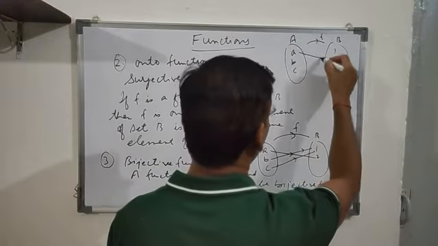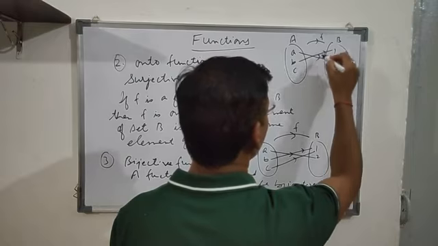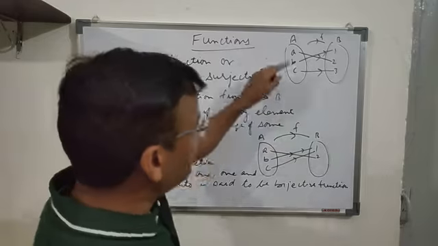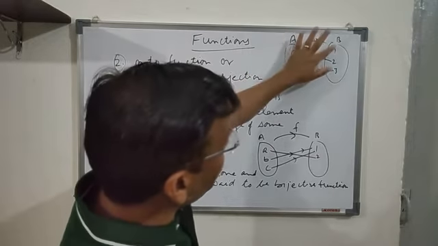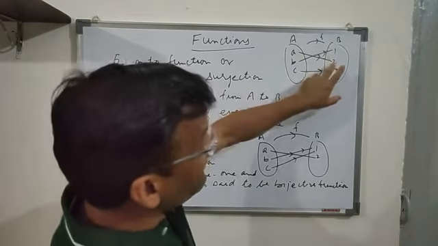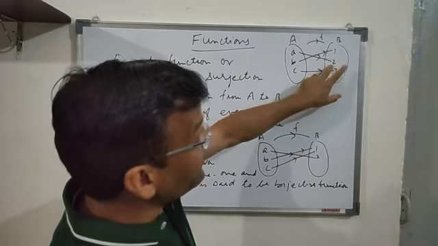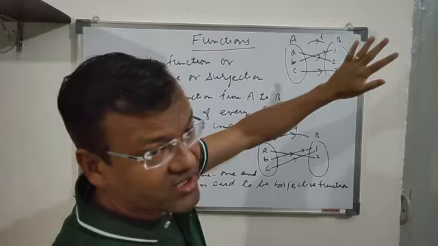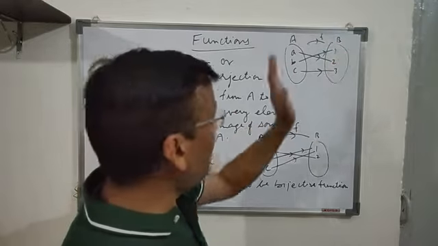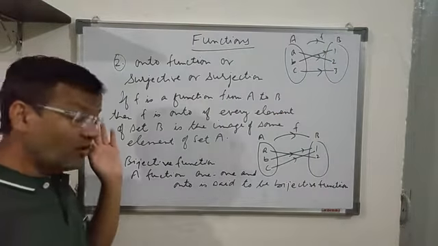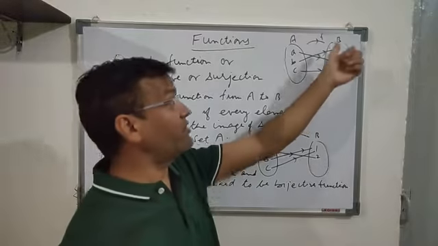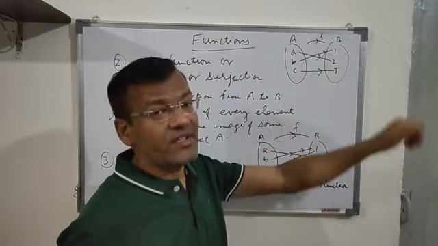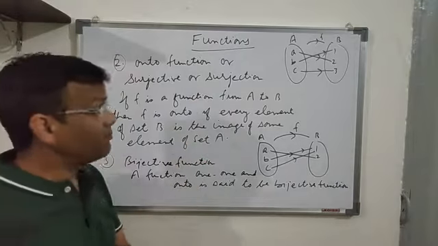So A has image 2, the image of B is 1, the image of C is 3. First, it is a 1-1 function, because different elements of set A have different images. A has image 2, and 2 is not the image of any other element of the set A. Similarly, B has image 1, C has image 3. So it is a 1-1 function. It is also an onto function because every element of the set B is associated to some element of the set A. So it is a bijective function.